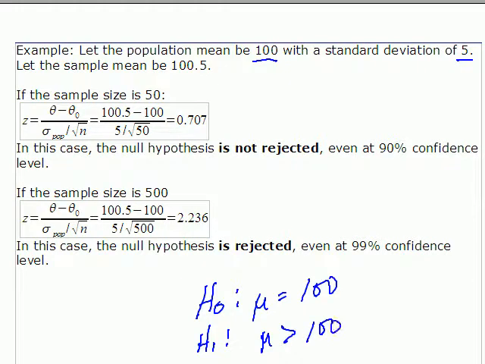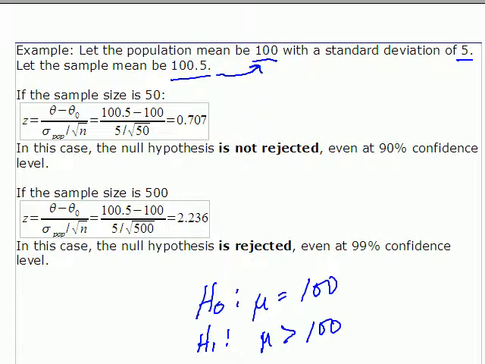The mean is greater than 100, because I came up with a test value of 100.5. Well, if you look at 100.5 and a standard deviation of 5, this is really, really close to 100. It's well within one standard deviation. You think that's not going to be too significant.